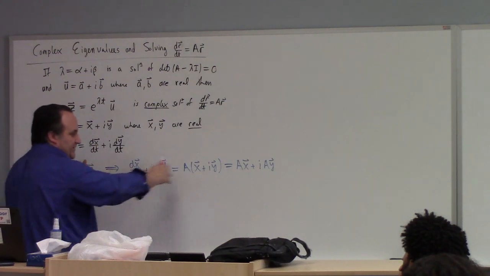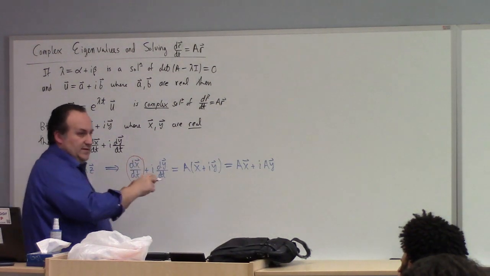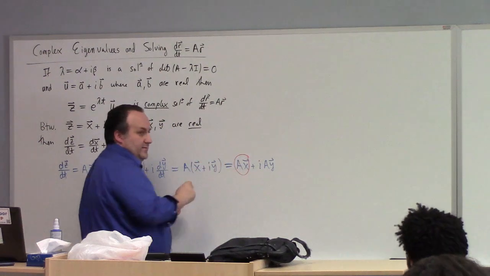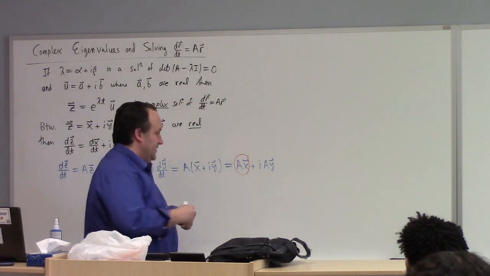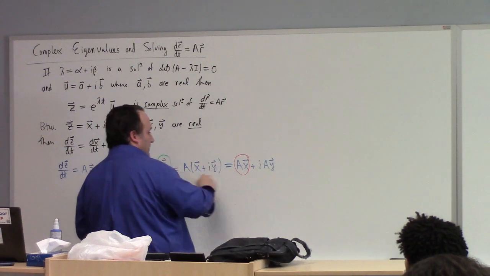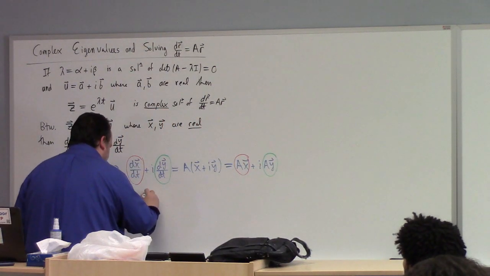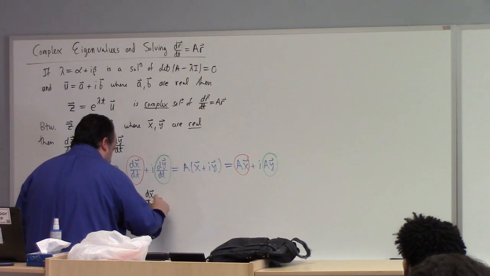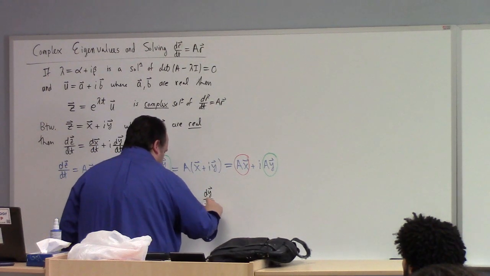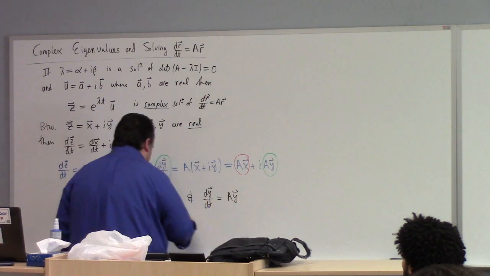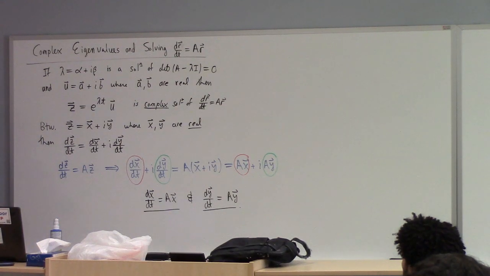The only way for this equation to be true is if the real parts match up, and also the imaginary components match up. In short, dx/dt is Ax, and dy/dt is equal to Ay. So you see, my one complex solution gets me two real solutions.